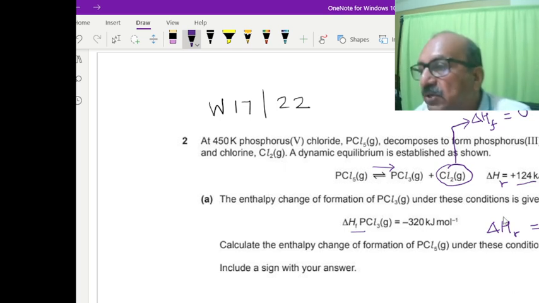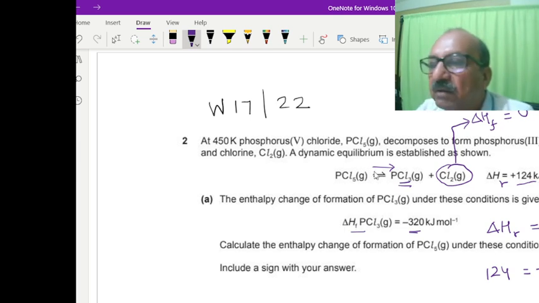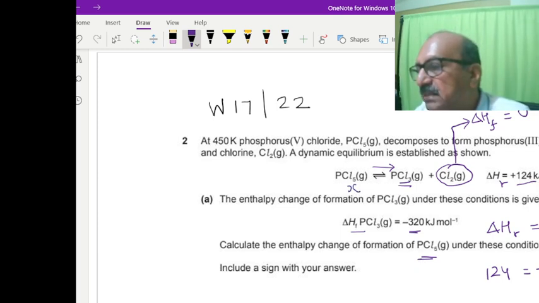This value is already given, so this is 124, and products, that is PCl3, this value is already given, 320, minus, and you have to find out the value for PCl5, so let it be x. So this will be minus x. So this x you have to find.